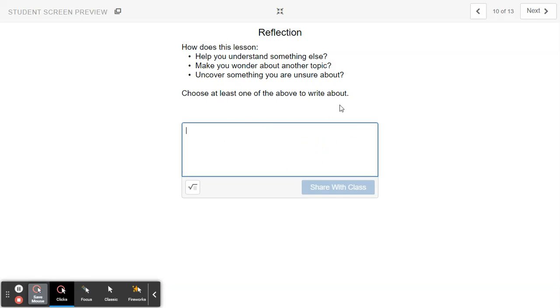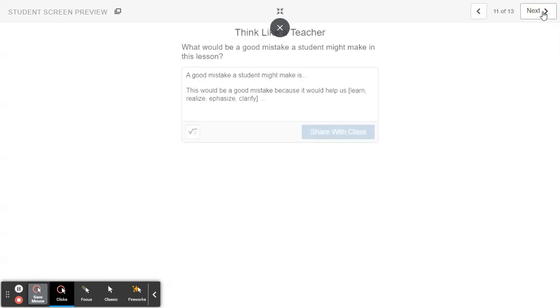So write at least one of the above. Think of one of these to write about. When you're finished, you're going to do the same thing, except it says, what would be a good mistake a student might make in this lesson? So a good mistake would be something that would highlight, oh, this is where we have to be careful, right? So it would help us learn something.